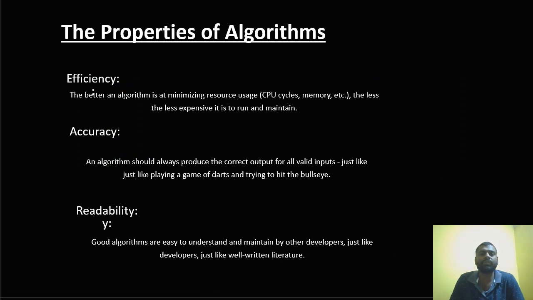The properties of an algorithm. Efficiency: the better an algorithm is at minimizing resource usage, CPU cycles, memory, etc., the less expensive it is to run and maintain. Correctness: the algorithm should always provide the correct output for all valid inputs, just like playing a game of cards and trying to hit the bullseye.